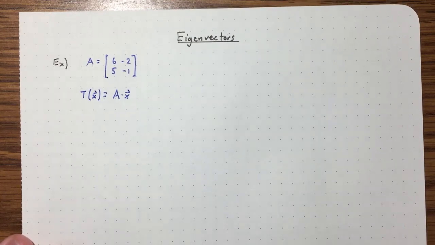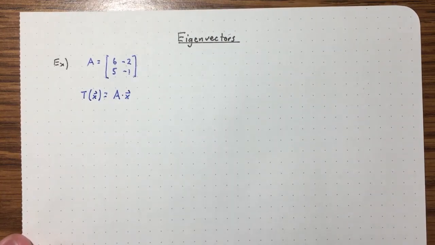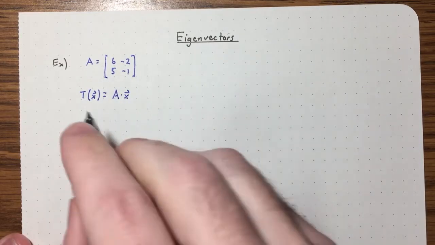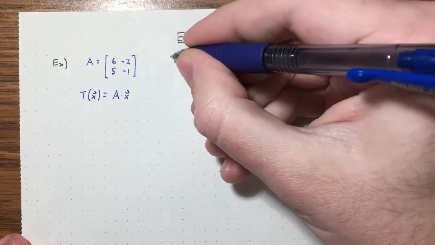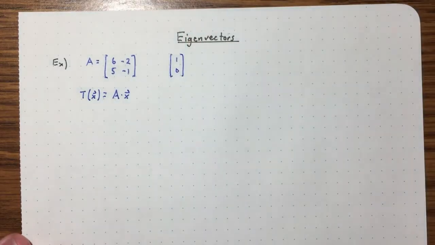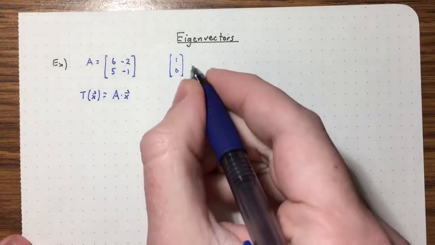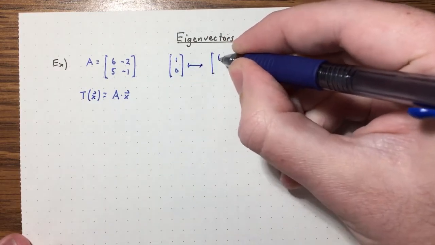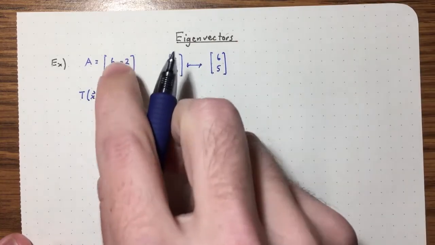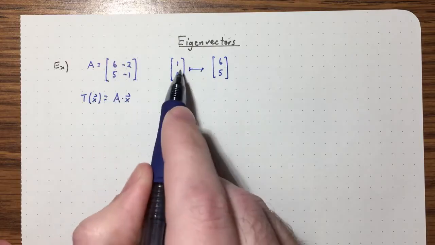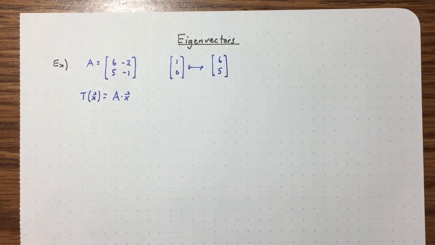Well, there's nothing really special about this transformation, but let's consider what happens when we input various vectors. So for example, what happens to the vector 1, 0? Well, it gets sent to 6, 5. The first column, in fact, has exactly the meaning of where 1, 0 gets sent.